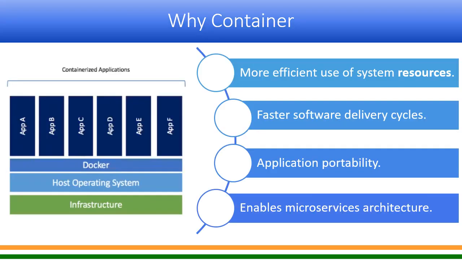So the question is why the industry is preferring containers compared to virtual machines nowadays. It is because the system resources are efficiently used, and the delivery cycle becomes very fast, because once you have new software, the containers are downloaded and just deployed.